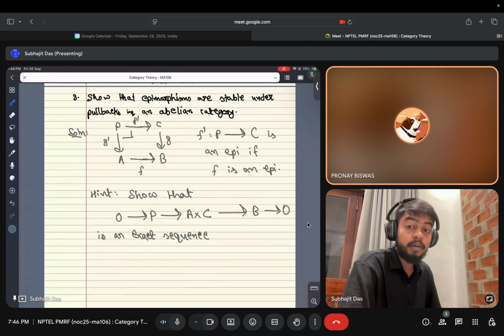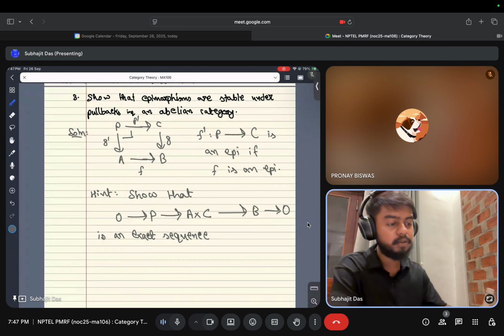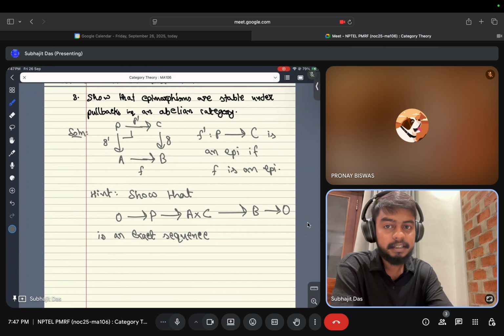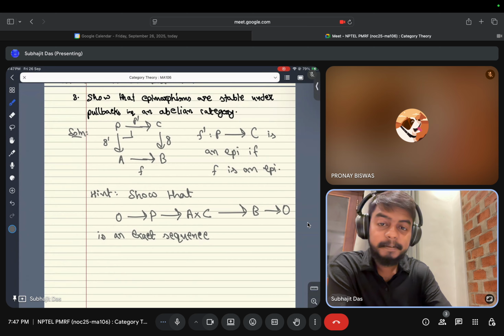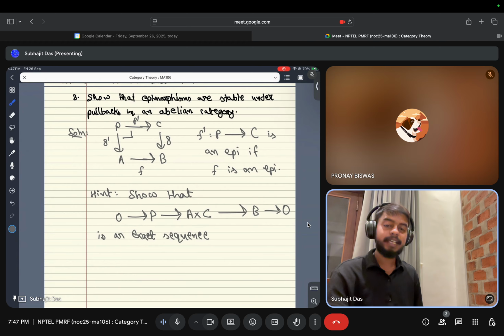We don't need a pair of maps here, because we can't use the universal property of products here. We can use another universal property. What is that? To obtain a map from A cross C to B, we can use another universal property. What do you think?